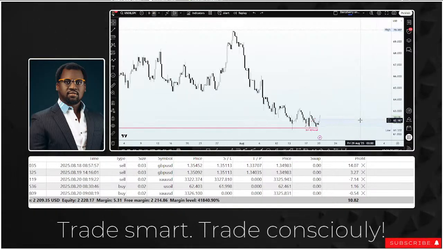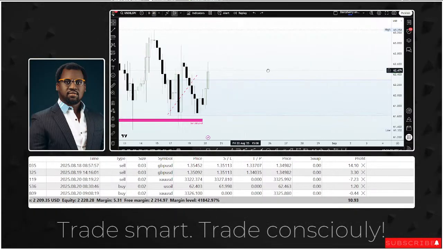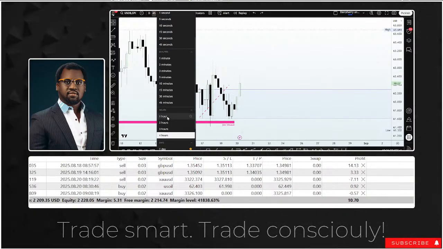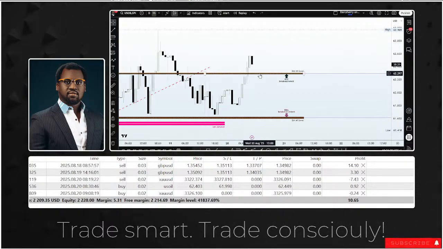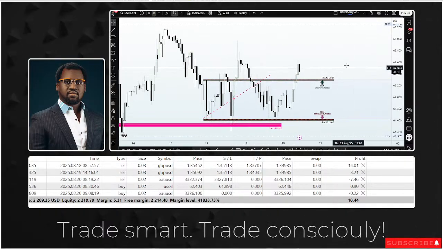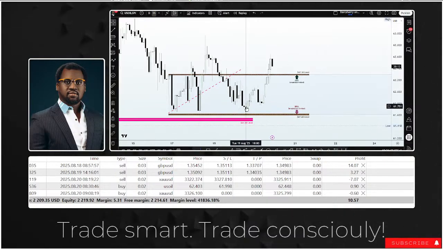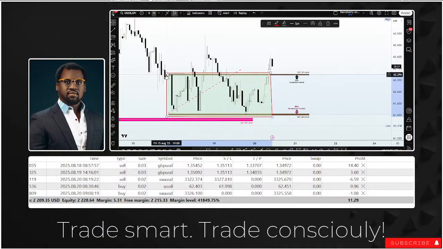And with this information, we zoomed down into the 1 hour time frame, which is our execution time frame of course, to see how the market has been playing out since the beginning of the week. Now, the first thing we did observe was that the market is in an indecisive phase as price action remained confined within the $62.30 level and the $61.60 area, just right above that key level we identified at the $61.50 level.